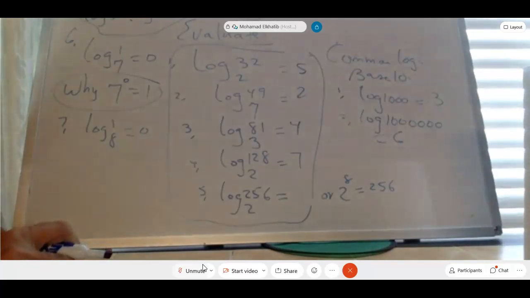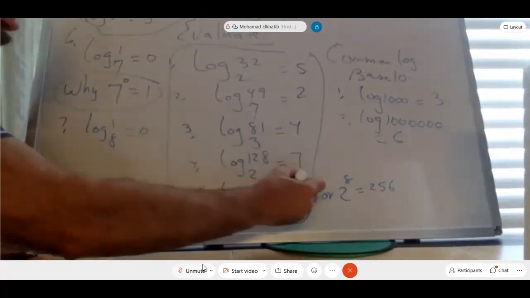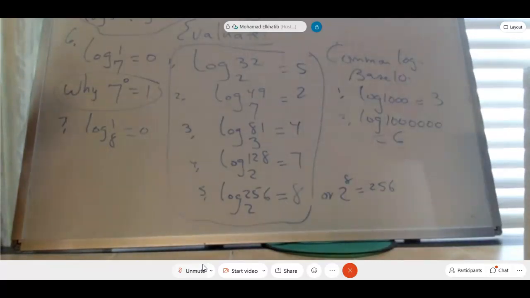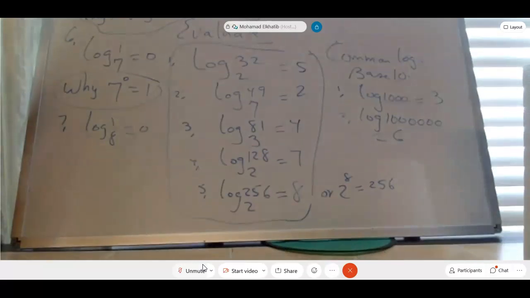Yes? Did everybody get 8 when you use the calculator and not by doing it by hand? Yes? All right. So that means you guys know how to do it by hand, and you know how to use it with the calculator.